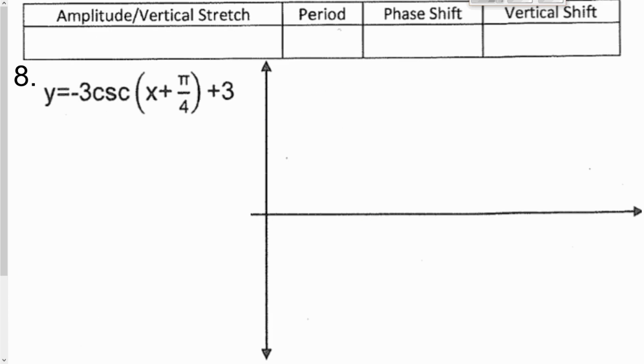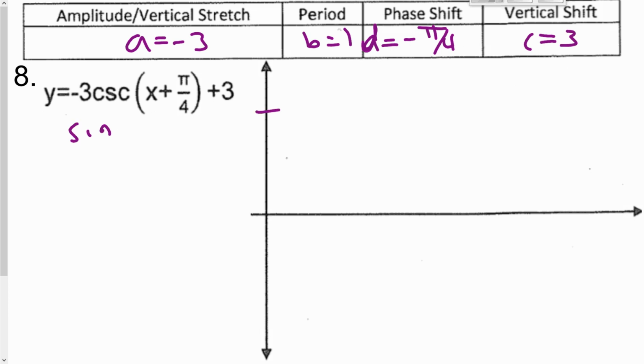Alright, one more. Alright, last one. Go fast. Ready? Go. See if you can beat me. Negative 3, 1, negative pi fourths. C equals 3. Sine is 0, 1, back to 0, back to negative 1.